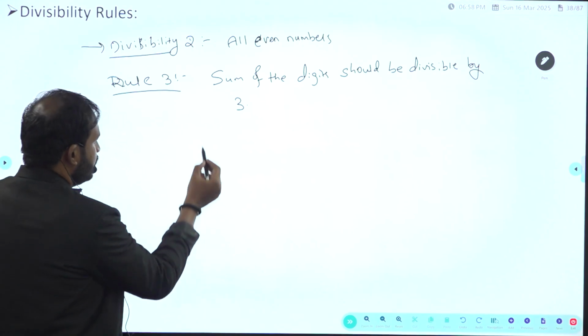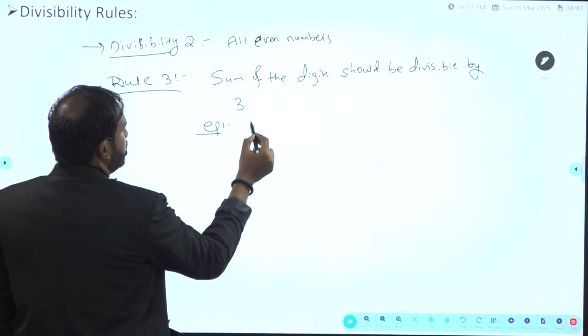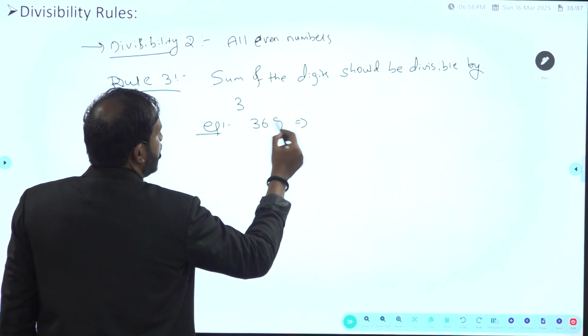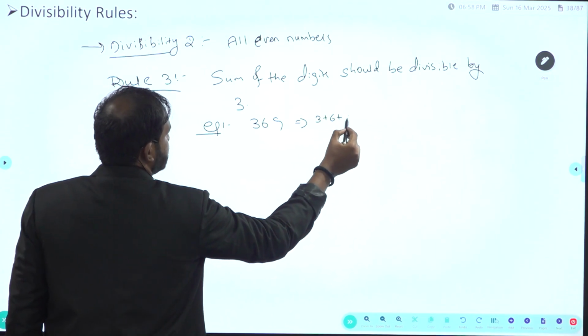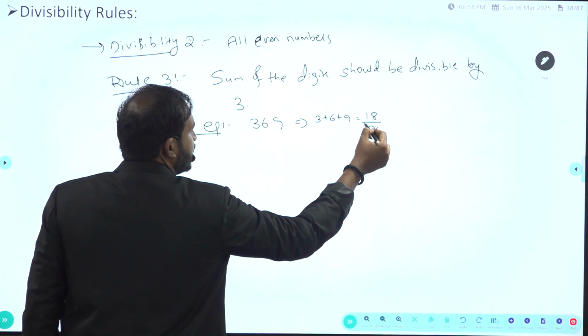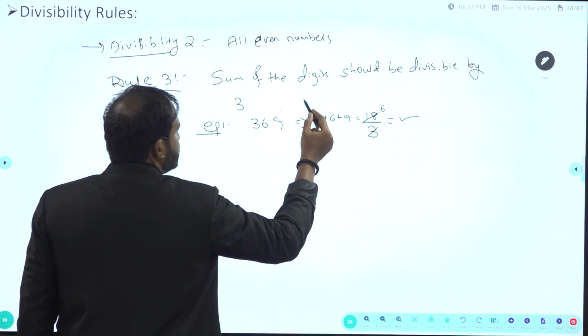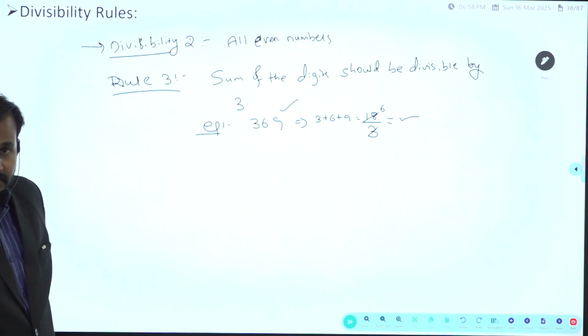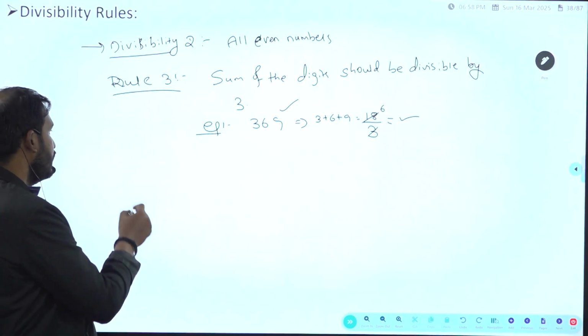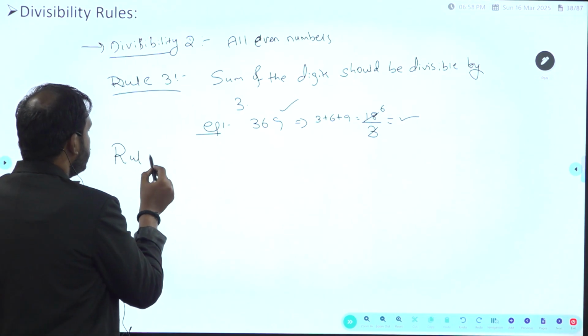For example, if I want to check whether 369 is divisible by 3 or not, what I should do is add them. 3 plus 6 plus 9, what is it? 18. I need to check whether 18 is divisible by 3. Yes, 18 is divisible by 3, so that means 369 is divisible by 3. If it is not divisible, then 369 is not divisible by 3. Like that. What is the rule for 4?